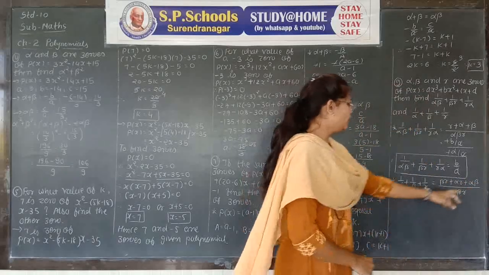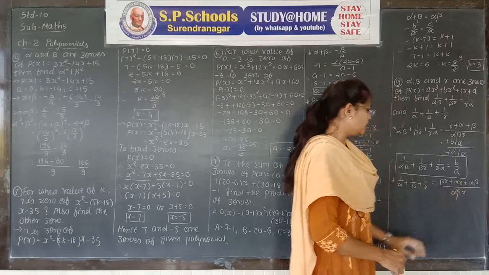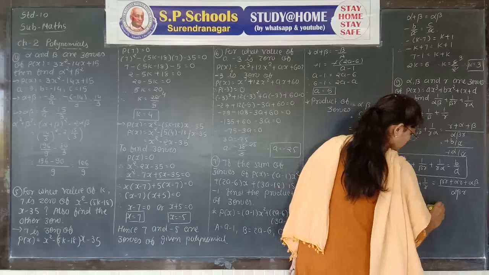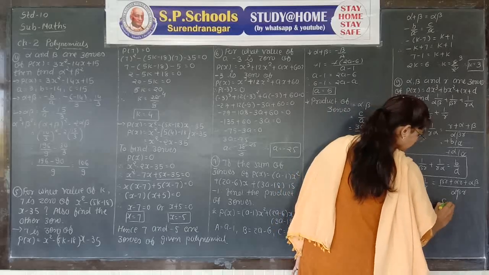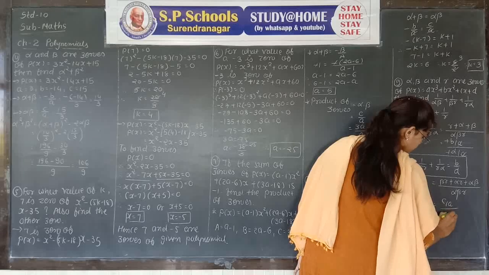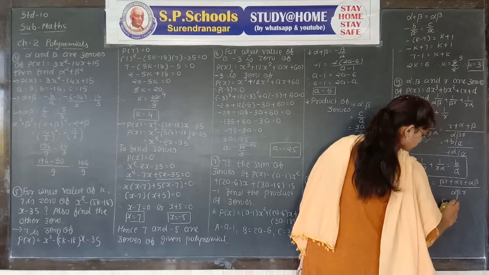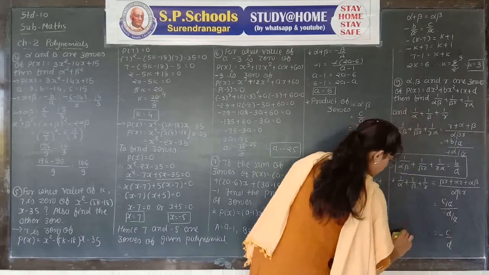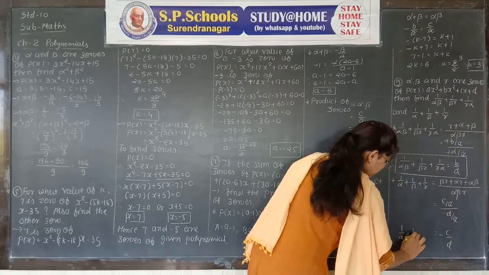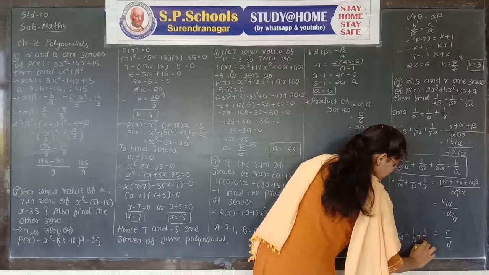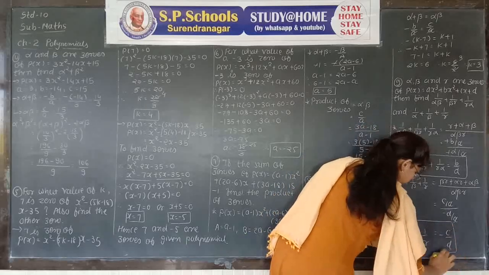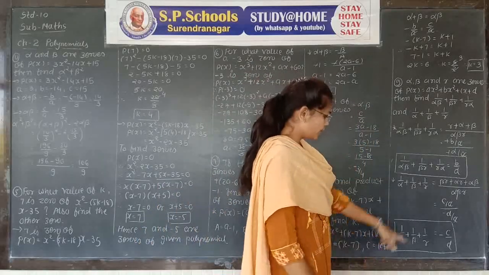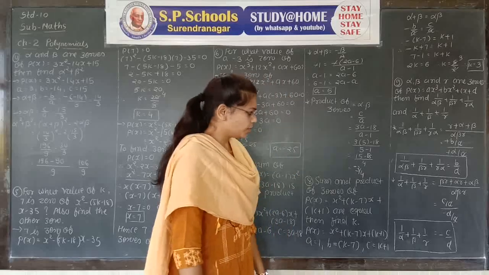As we know, alpha beta plus beta gamma plus gamma alpha is the sum of the product of zeros taken two at a time, equal to c upon a, and alpha into beta into gamma is minus d upon a. A cancels, and we get minus c upon d as the answer of 1 upon alpha plus 1 upon beta plus 1 upon gamma. 1 upon alpha plus 1 upon beta plus 1 upon gamma is equal to minus c upon d.